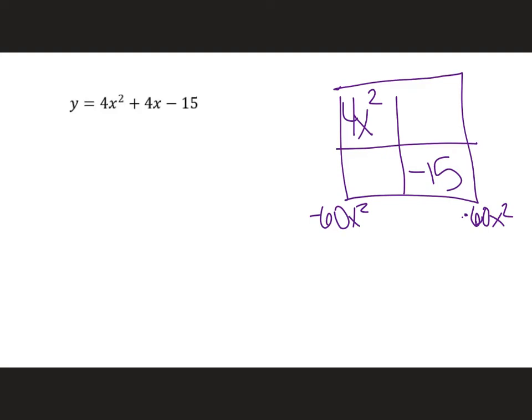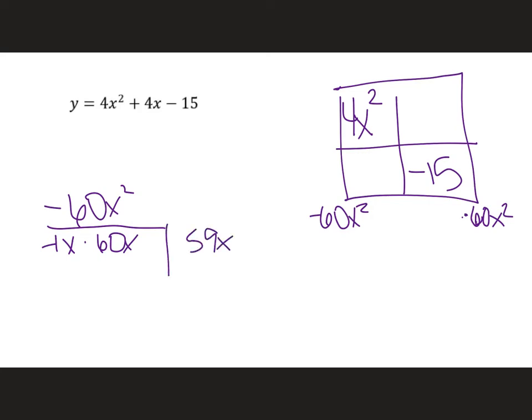So from negative 60x squared, I know the factors could be negative 1x and 60x, but that's going to be way too big because that's 59x when they combine. It could be negative 2x and 30x. Still seems too large because it's 28x when you combine them.